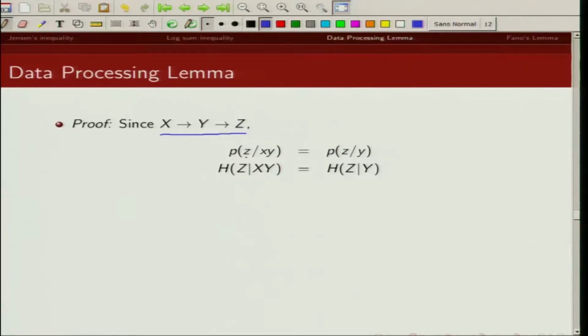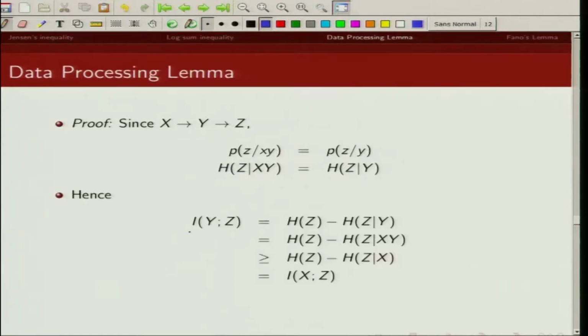The probability of z given x, y will only depend on the probability of z given y, because x, y and z form a Markov chain. Or in terms of entropy, we can write that the uncertainty in z given xy is the same as the uncertainty in z given y. This follows from the point that x, y, z form a Markov chain.